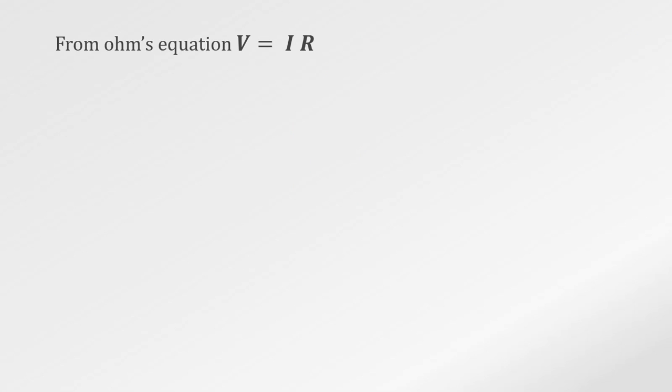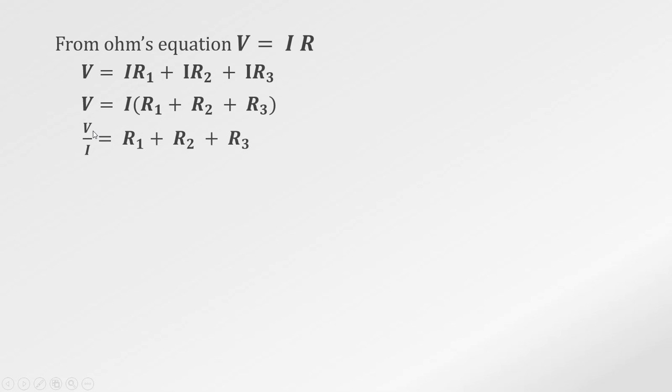From Ohm's law, V is equal to IR1 plus IR2 plus IR3. This is V1, this is V2, this is V3. When you factorize I out and divide by I, we have V over I is equal to R1 plus R2 plus R3.